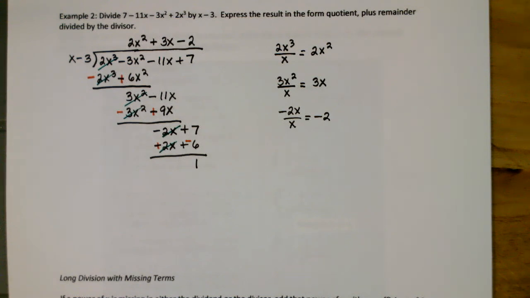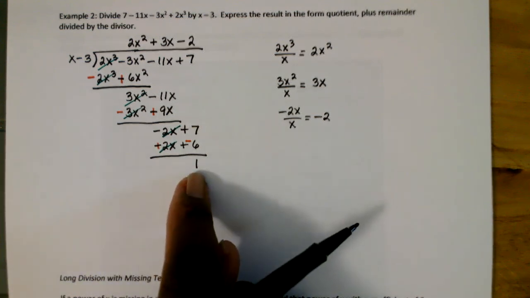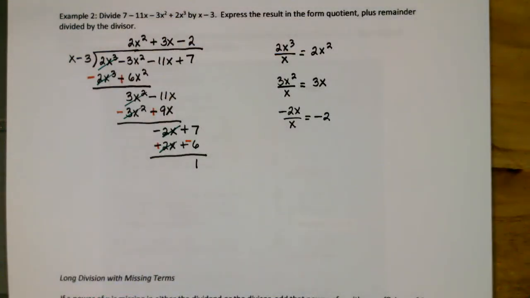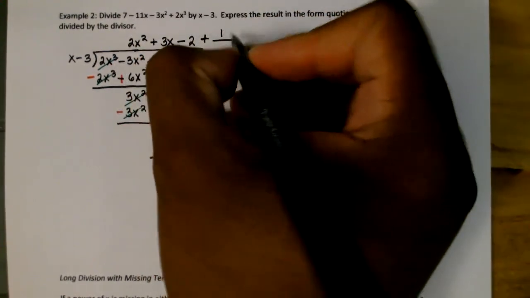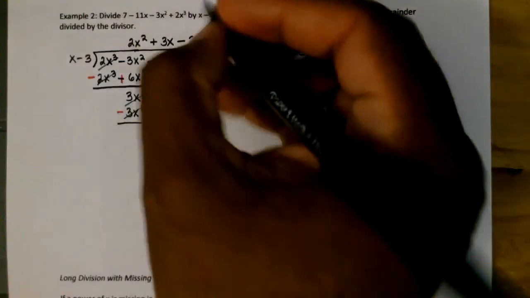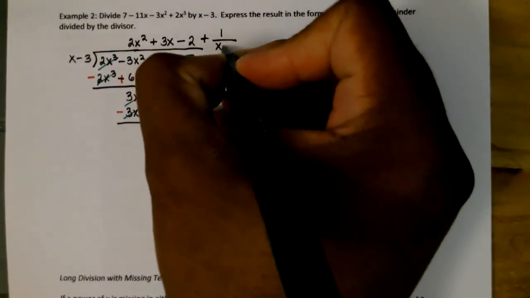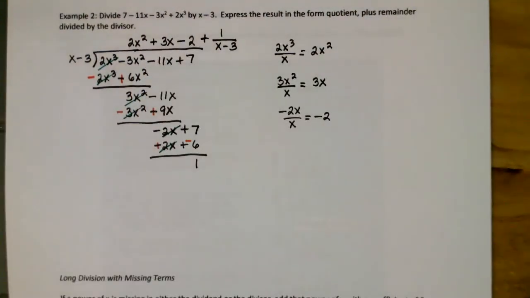So in this case here, that 1 that I have here will be the remainder. Okay, so I'm going to have 2x squared plus 3x minus 2, and then that's going to be plus the remainder of 1. It will be divided by what my divisor is, x minus 3, because it's always remainder over the divisor.